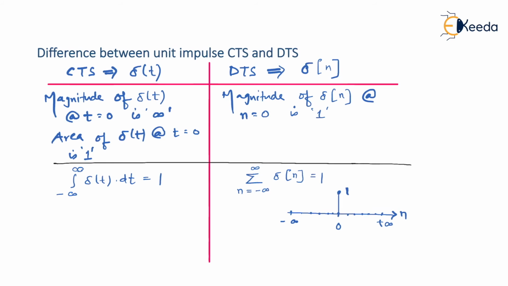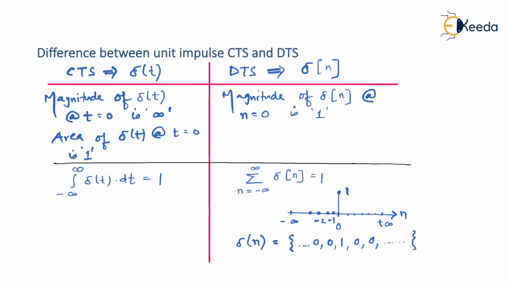Similarly, the del of n signal is also representable in sequence form. What is meant by sequence form? We'll understand. See, all samples over here, that is at n equal to minus 1, n equal to minus 2, are always 0. So I can say all of them are 0. Only at n equal to 0 we have 1, and all other samples onwards are 0.